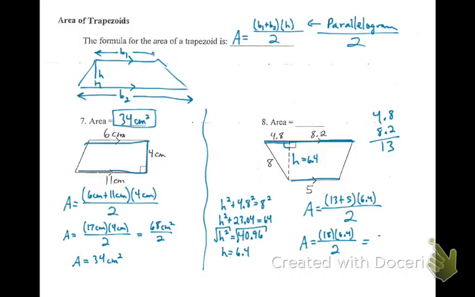When all is said and done, we end up getting 57.6 after we divide by 2. So it's going to be 57.6 units squared. No units were in the diagram, so we have to include the units squared. Pause the video now, write down anything you need to before moving on.